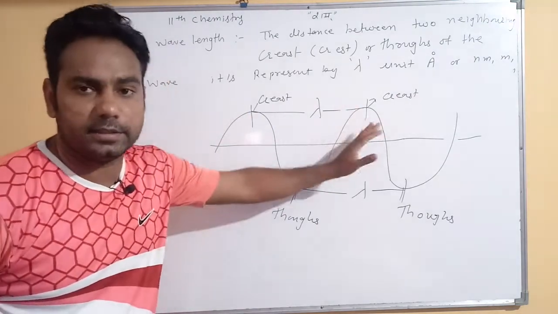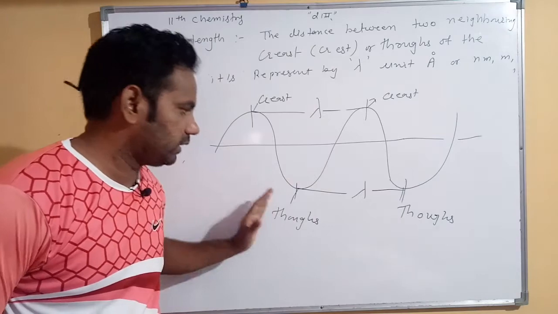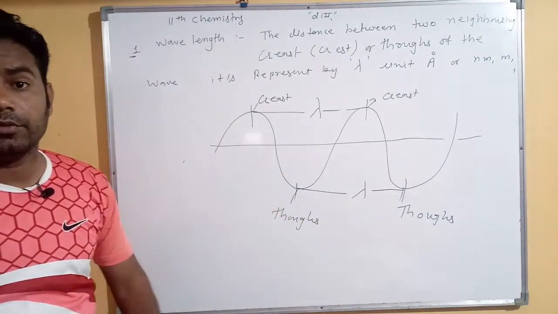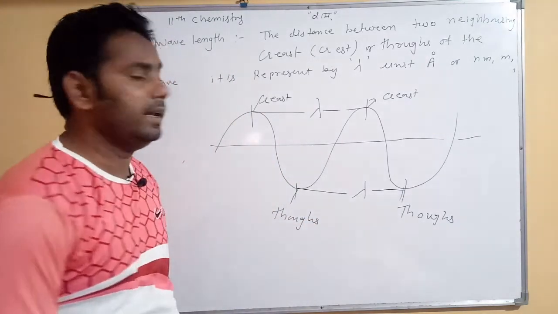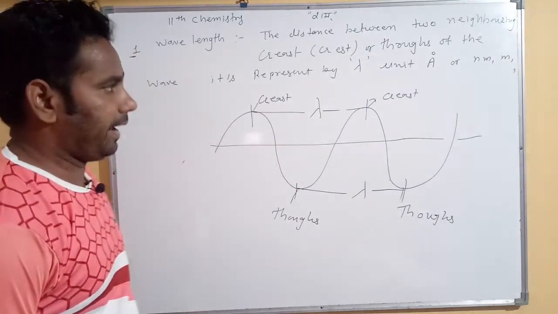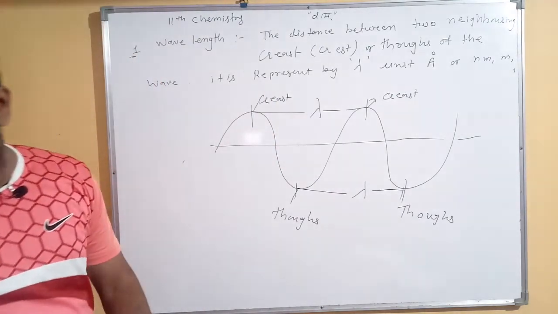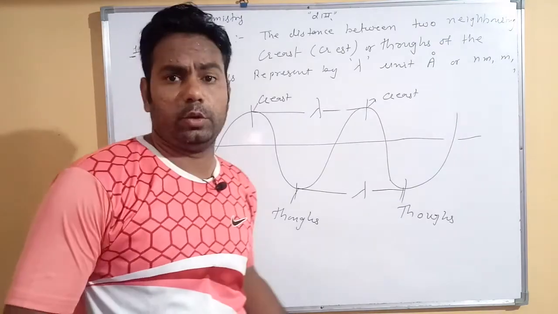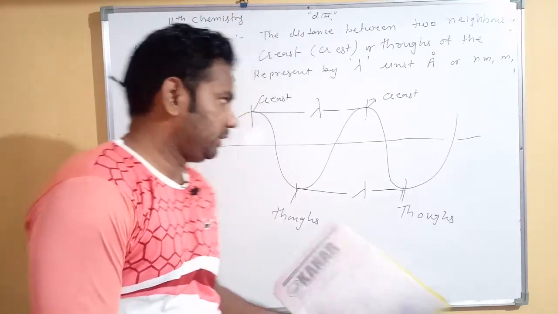Distance between two nearest crest, distance between two nearest trough is called wavelength and it's denoted by lambda. Its unit is angstrom, nanometers and meter. Some conversion are there because meter is our SI units.